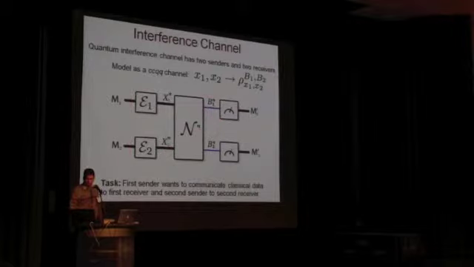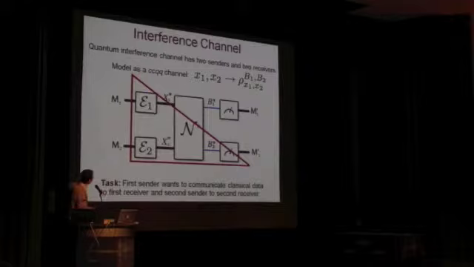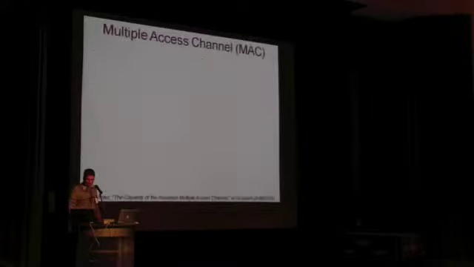Similarly, there's an effective multiple access channel going to the second receiver, found by tracing over the first receiver. Coding strategies for the multiple access channel can be used to make coding strategies for the interference channel. For the remainder of the talk, I'm going to be focusing on the multiple access channel. If you have further questions, we can talk about that later.